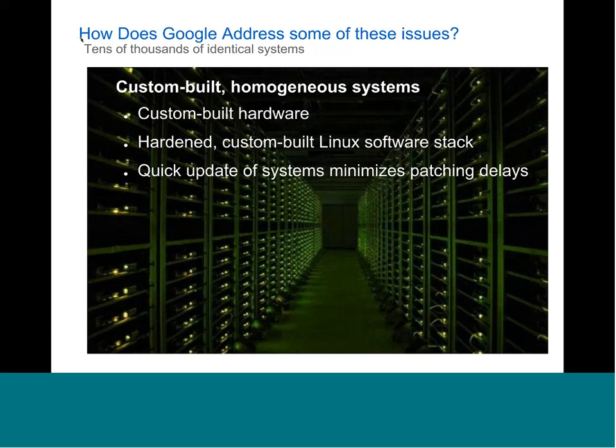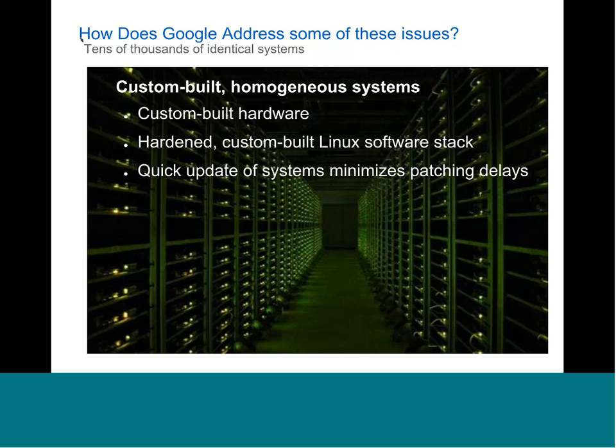So, for example, there's no video hardware or video drivers on any of our servers because they don't have monitors connected to them. Similarly, there's no peripheral ports or peripheral drivers. And each one of these areas represents an area in traditional IT infrastructure that could bring vulnerabilities with it. So our system really allows us to reduce the number of potential vulnerabilities that we're subject to.